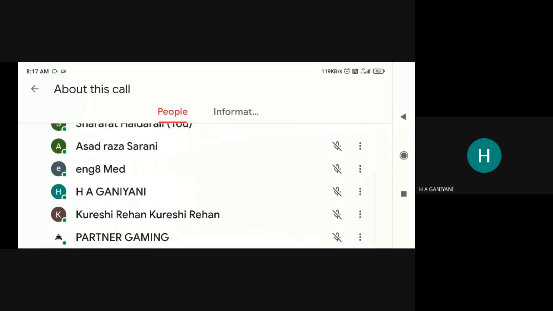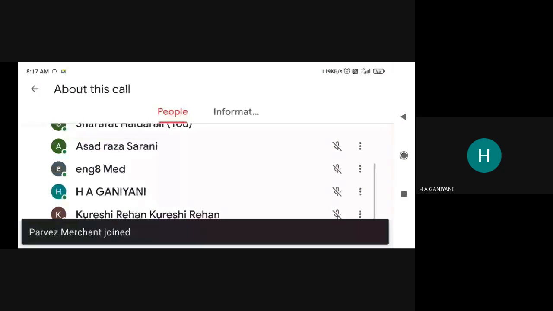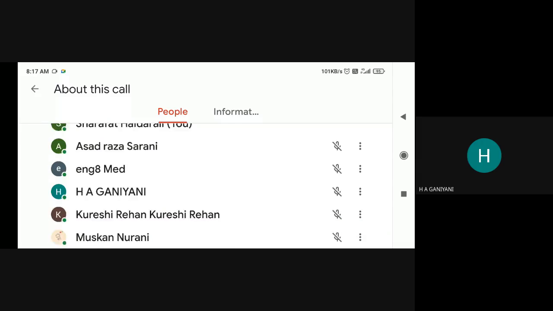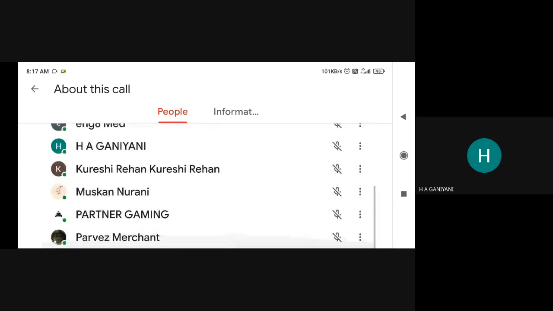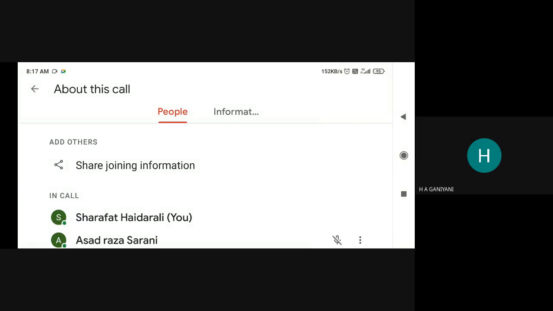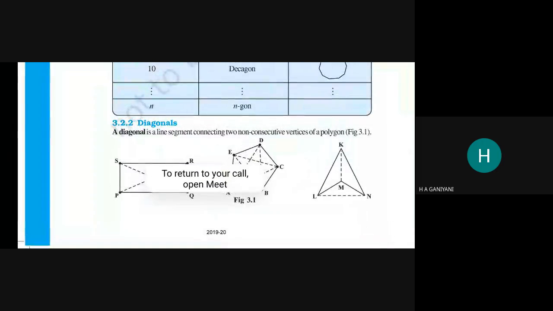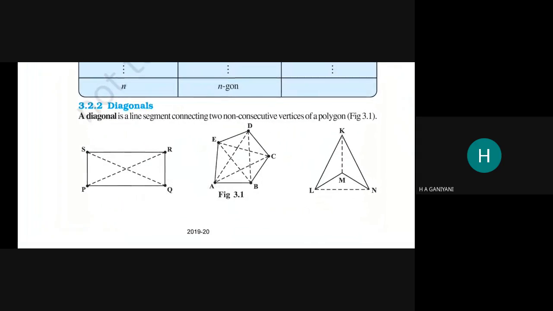Okay, I am telling you, please listen. If you join two non-consecutive vertices, it makes a diagonal. Please see the figure here. A line segment connecting two non-consecutive vertices of a polygon is known as a diagonal.